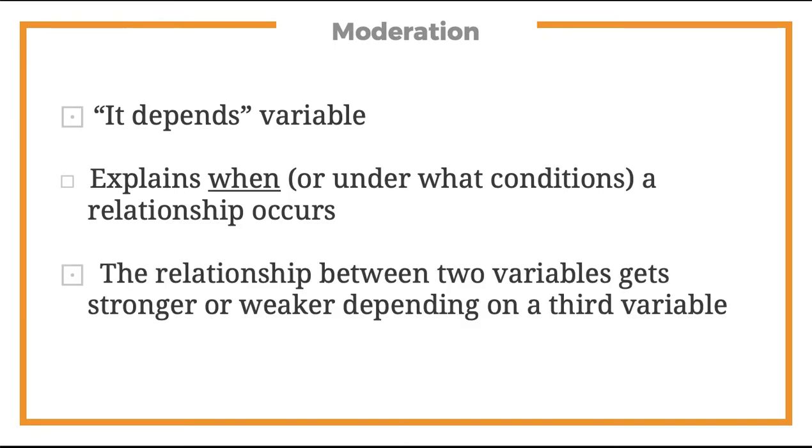Essentially, if we have a moderating variable, the relationship between two other variables is going to get stronger or weaker depending on that moderating variable.